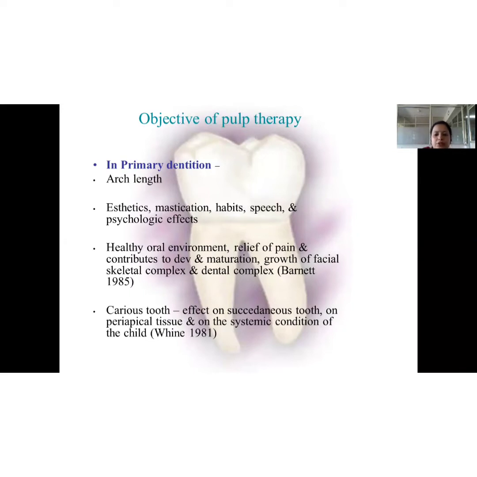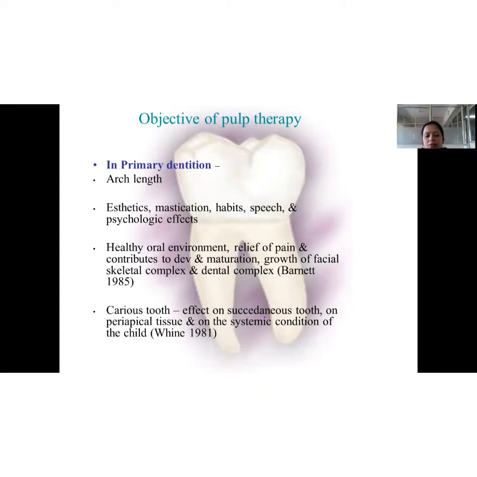So in primary dentition, the main objective is to maintain the integrity of the arch line. Basically, the primary teeth maintain the arch line integrity, and also they maintain the aesthetics, mastication, speech, and physiological effects.